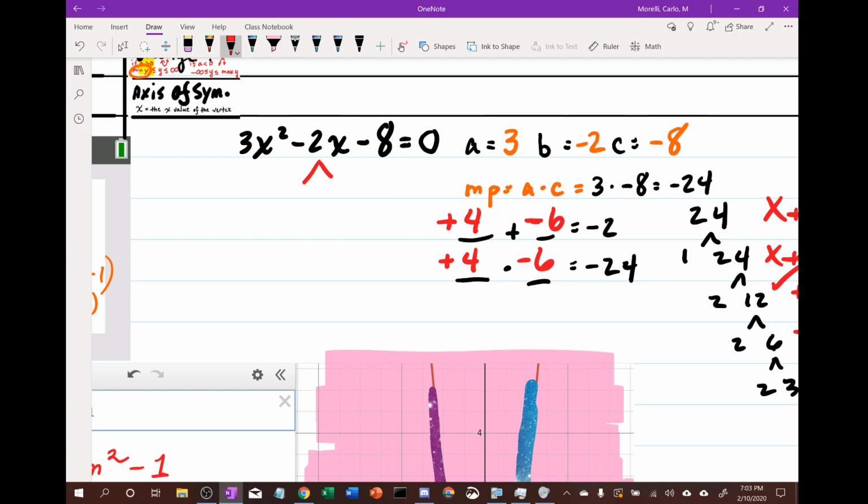Do 3 and 4 have any common factors? No. Well, how about 3 and 6? Do they have any common factors? Yes, 2. So -6x will go on the left, and then +4x will go on the right.